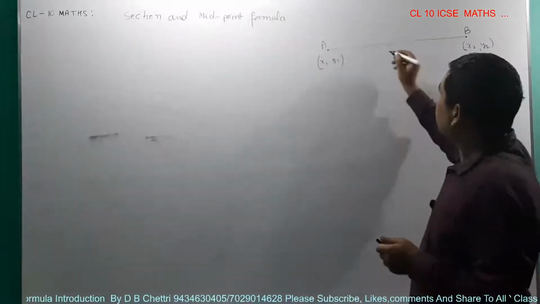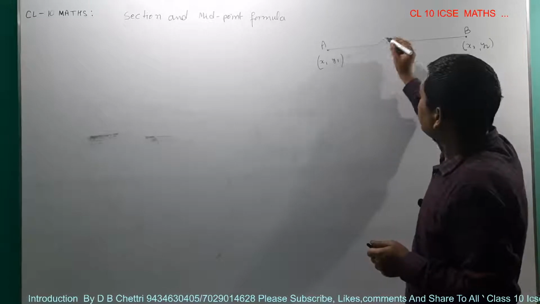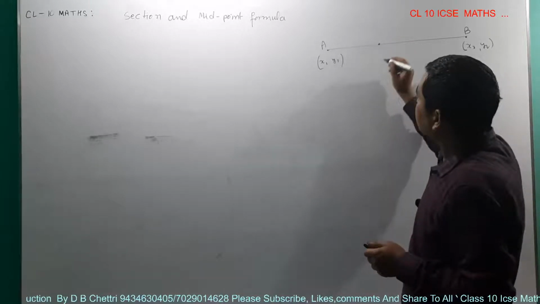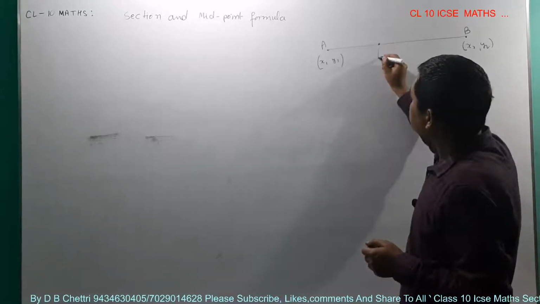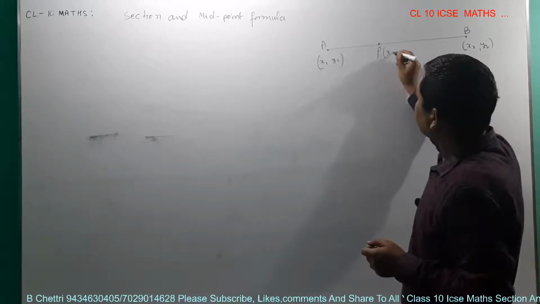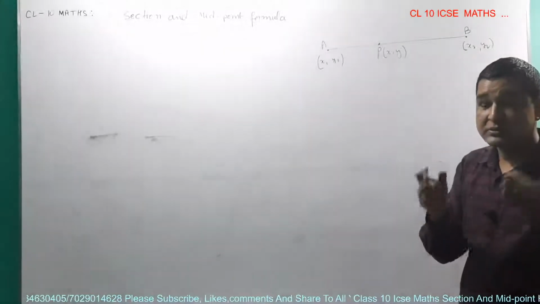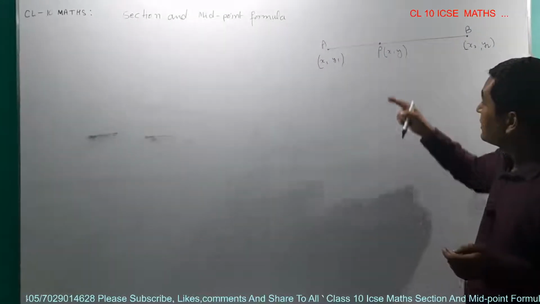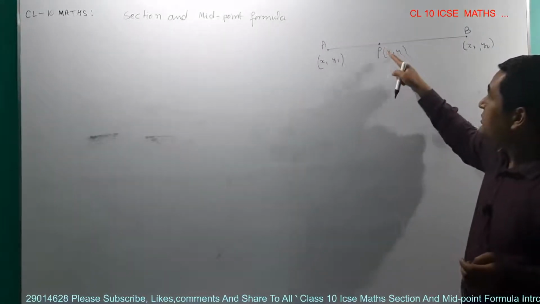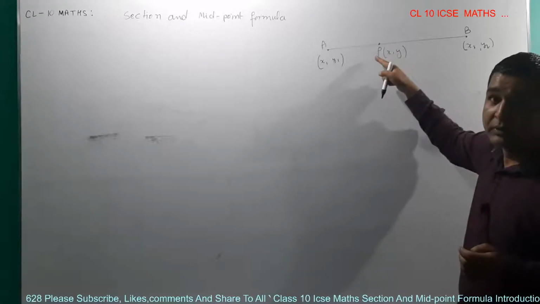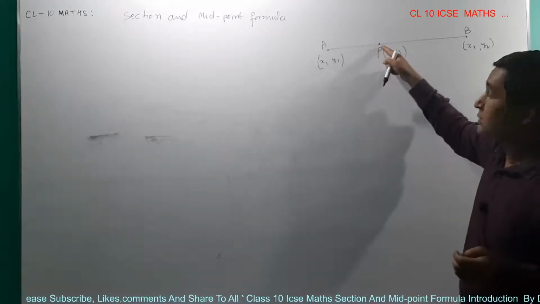Let's mark this point, which is other than the midpoint. We will always represent it by P(x, y). Then what is the section formula? The section formula helps us get the coordinate of this dividing point.